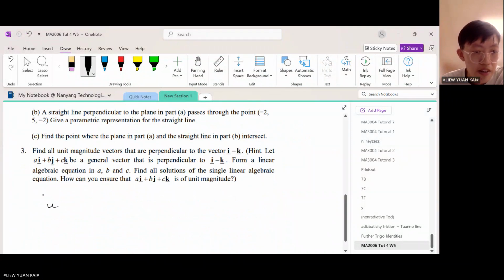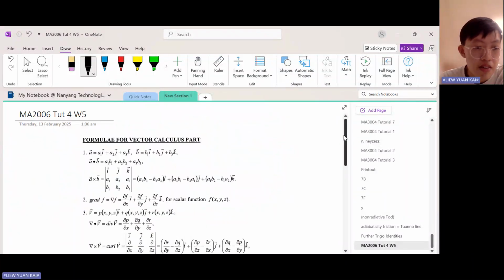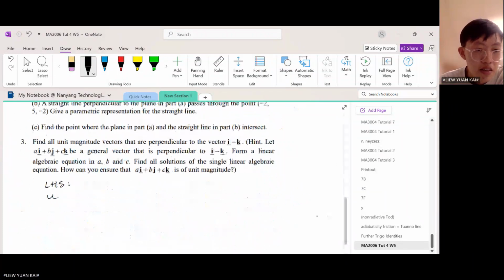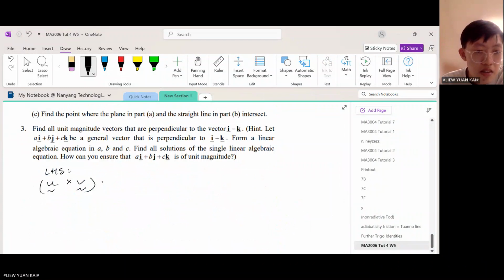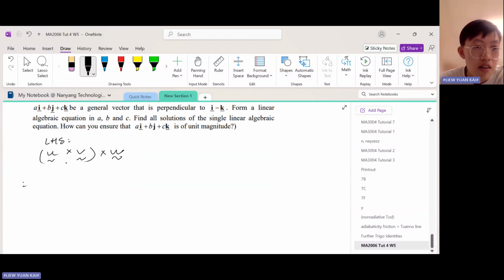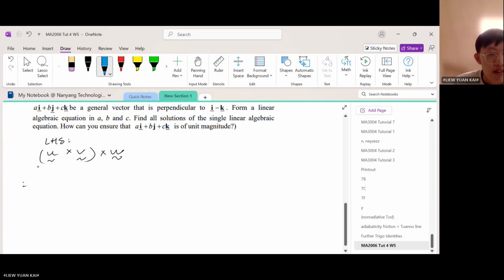On the left hand side, we have u cross v, cross w. Let's evaluate this one by one. First, let's find u cross v.